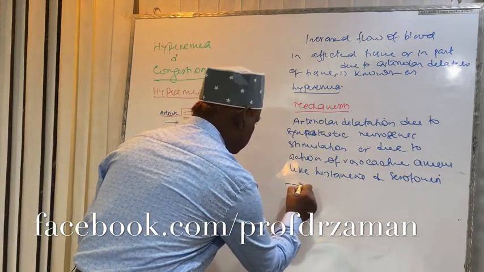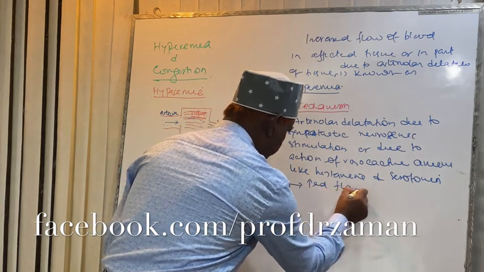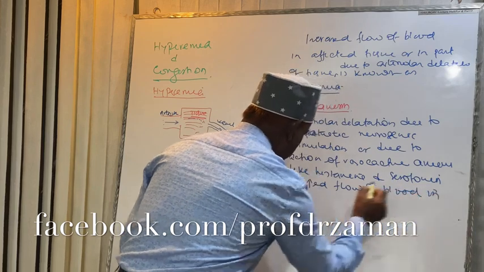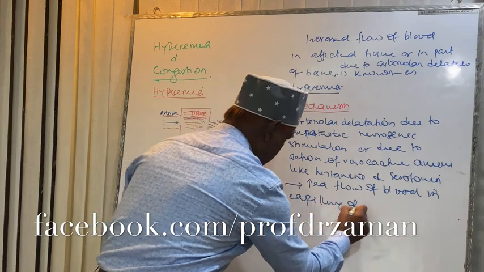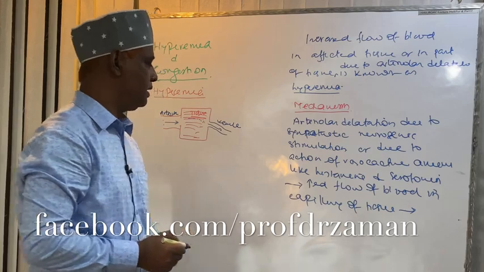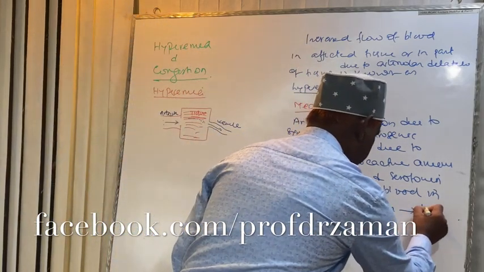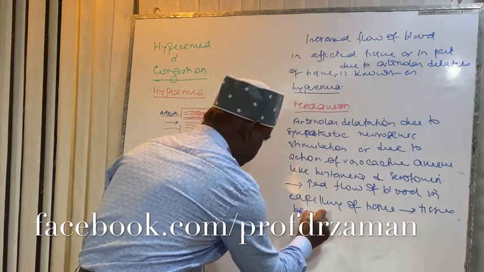Following dilatation, there is increased flow of blood in the capillaries of the tissue, and due to increased flow of blood, the tissue becomes red.